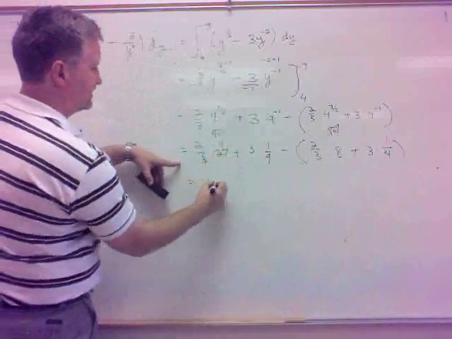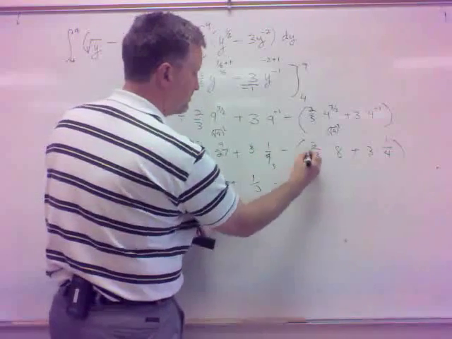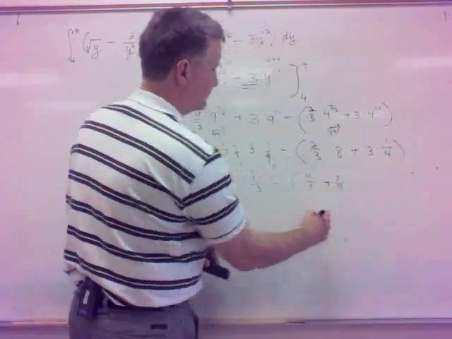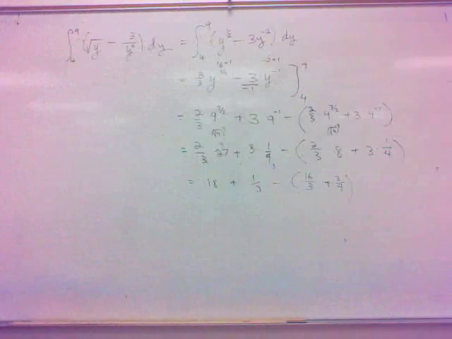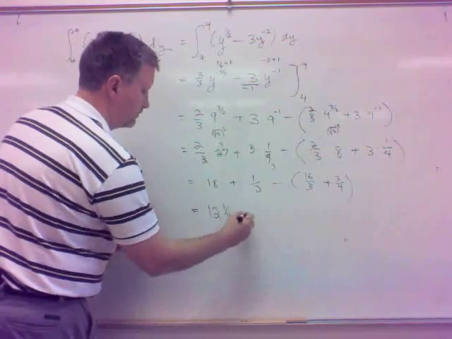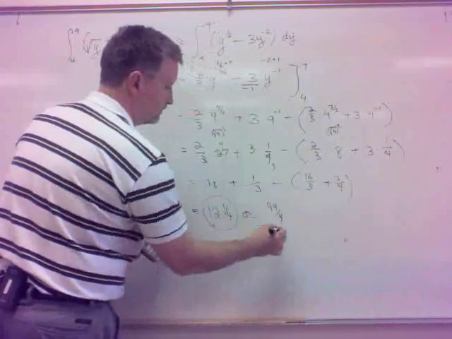So we got 18 plus 1/3 minus 16/3 minus 3/4. Anyway, good practice. 18 plus 1/3 minus 16/3, and then it'd also be minus 3/4, wouldn't it? Got it? 12.25? 12 1/4? Or 49/4? However you want it there.